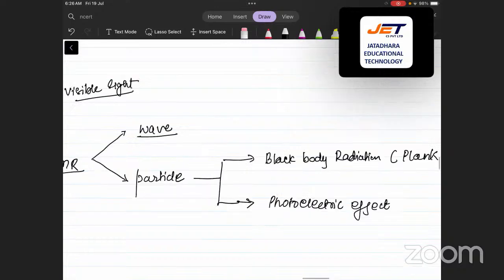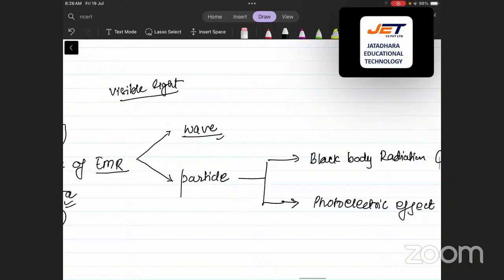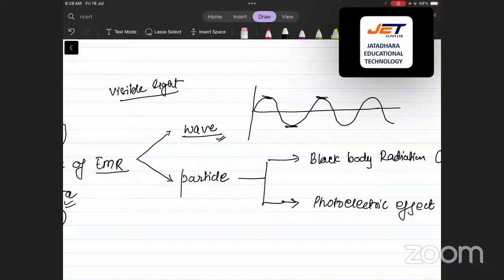So in the wave nature, we learned that the electromagnetic radiation will be like a wave. So how do I see it as a wave? A wave will look something like this. Now how do I define the wavelength?